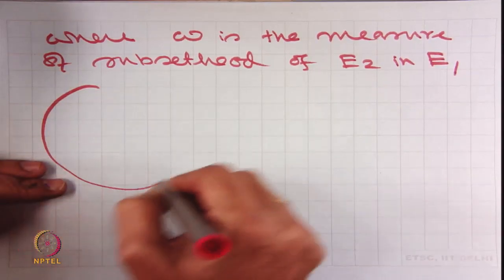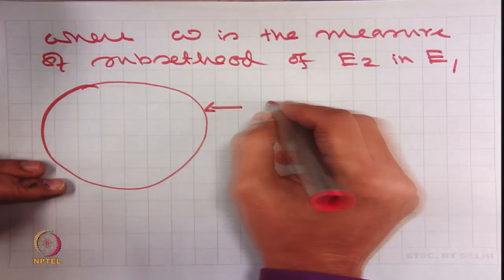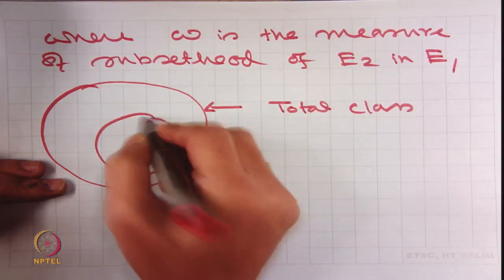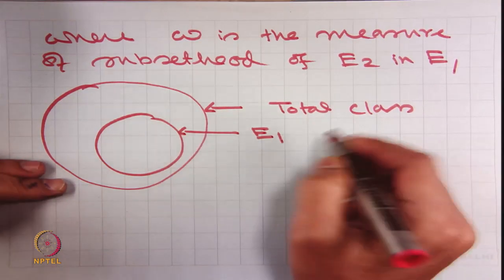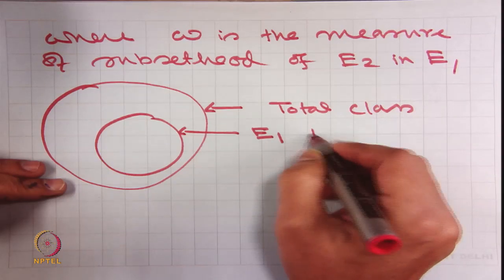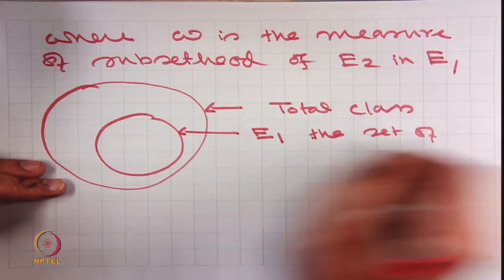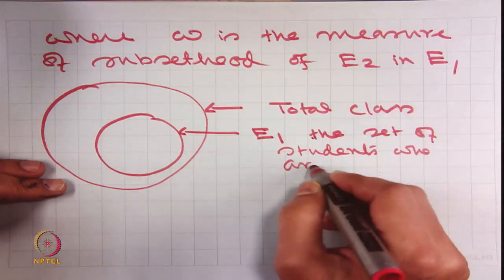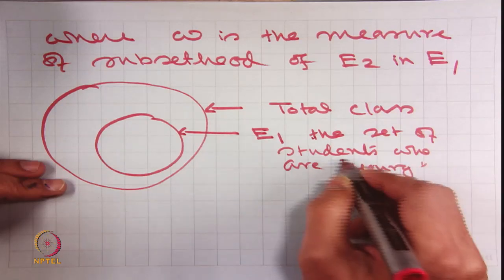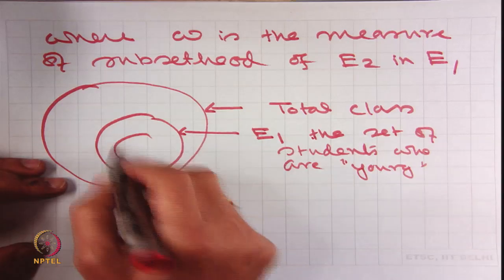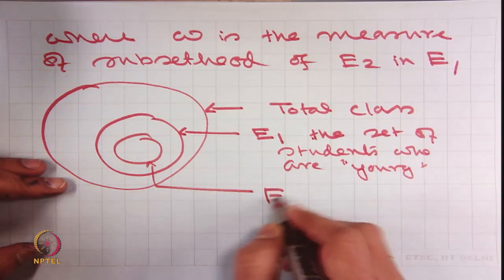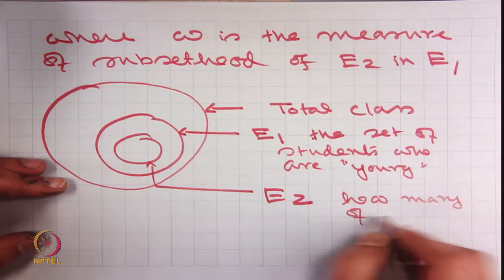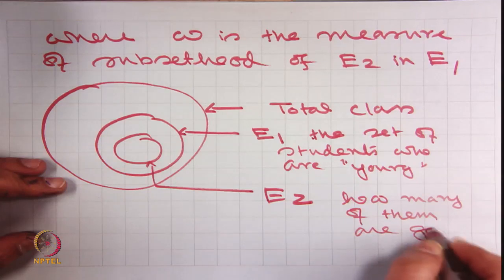Graphically, suppose this is the total class, this is E1, the set of students who are young, and E2 is how many of them are good.